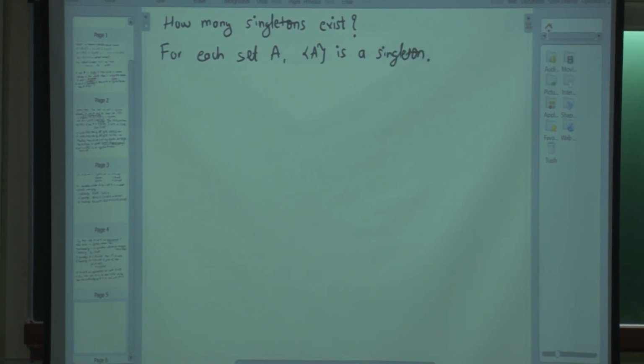So, therefore, there are at least as many singletons as there are sets. So, therefore, the answer is proper class many.